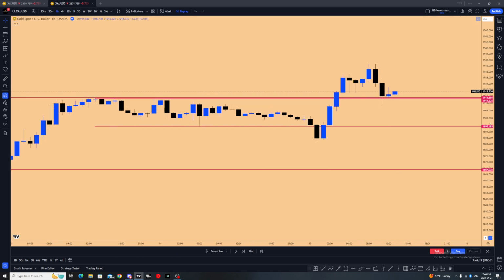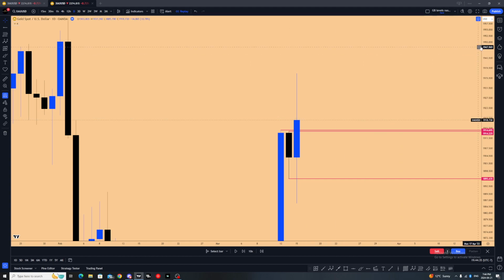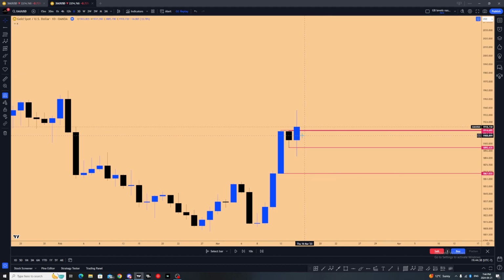I can give you that, but you have to assume that this push happened overnight, and even going into New York session, it kept pushing until like the last 2 hours. It did like a pullback over here. So this is what the daily candle looks like. I'm asking you what the next daily candle is going to do for Thursday, 16th of March.